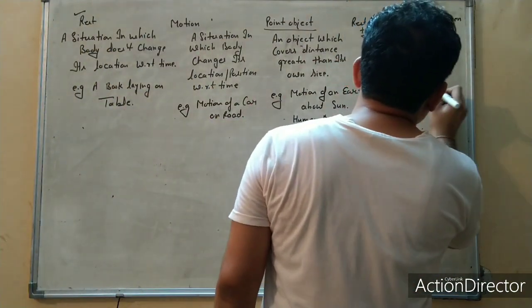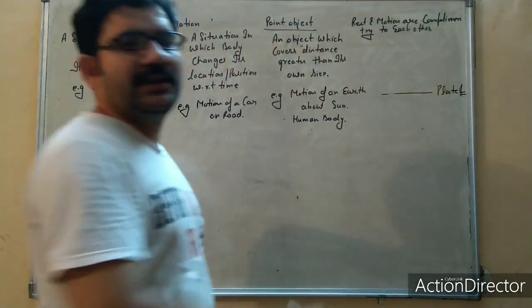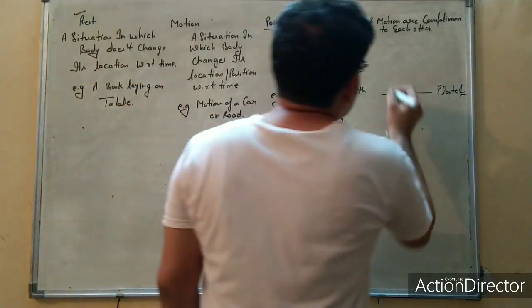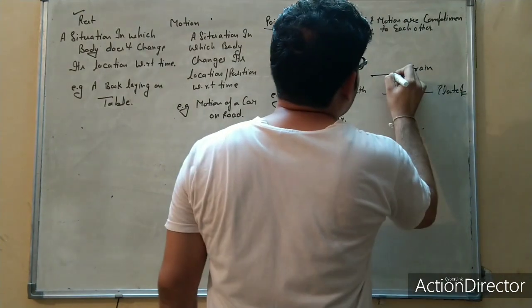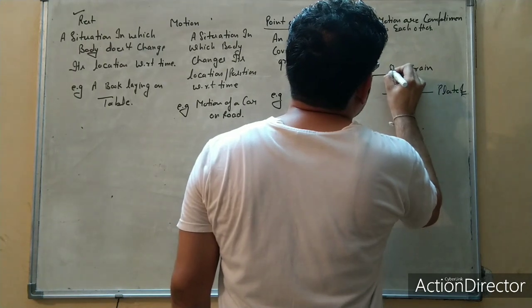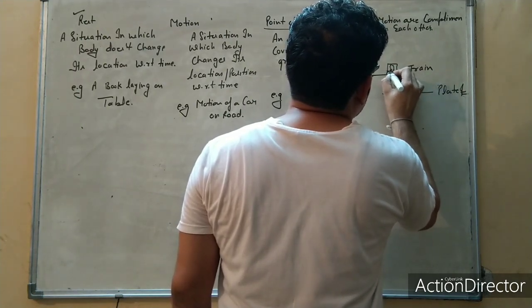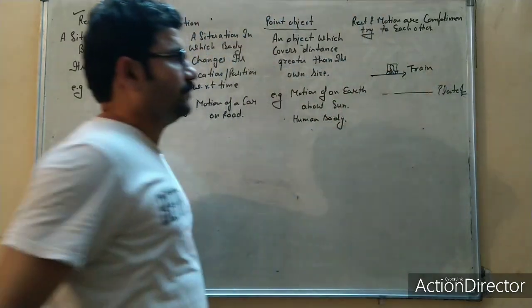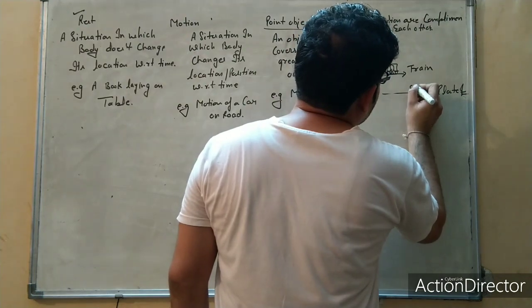Suppose this is a platform, and there is a train in which a person is seated in that window, and on that platform a person is standing here.